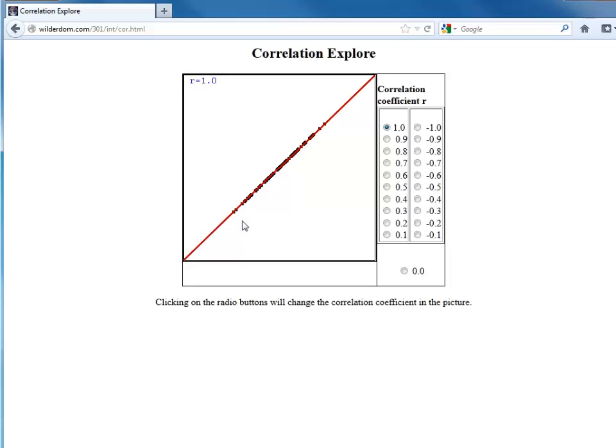And as the values on the x-axis increase, the values on the y-axis would increase correspondingly. So you have a perfect correlation here. Perfect negative correlation, as the values on the x-axis increase, the values on the y-axis decrease.